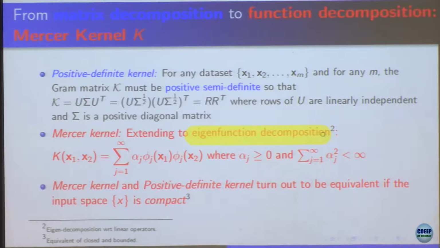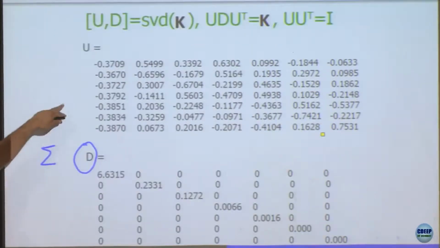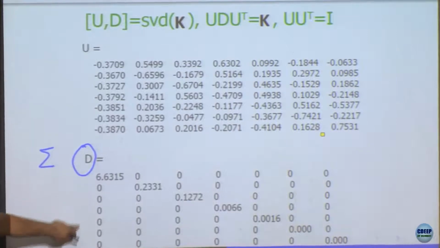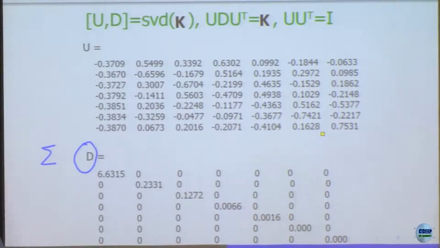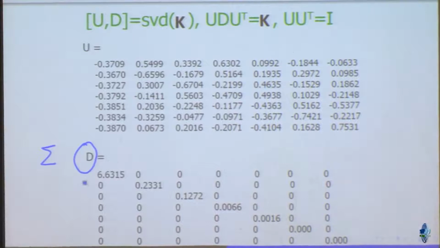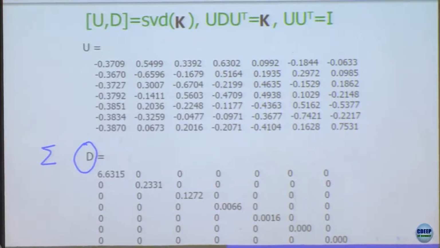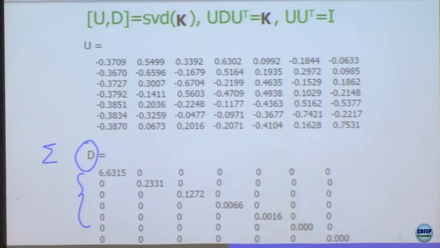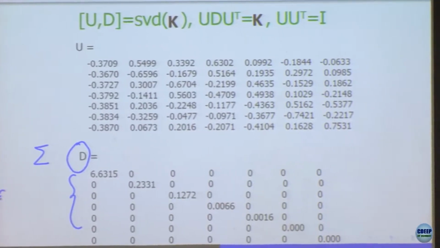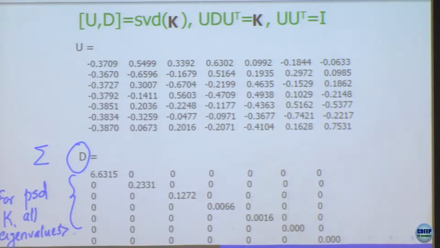If your matrix is positive semi-definite, what do you expect the eigenvalues to look like? All the eigenvalues are non-negative, greater than or equal to 0.